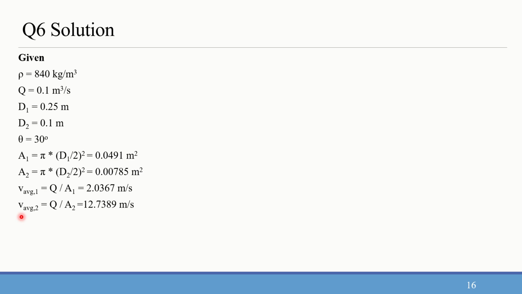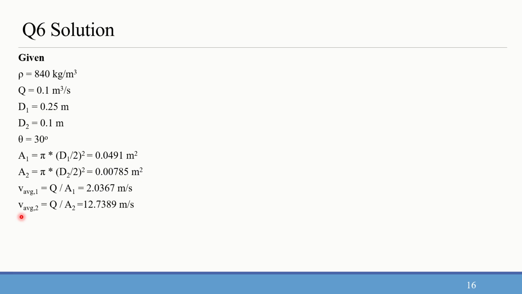I am using exactly what was given in the question. So we are calculating the V average at the inlet and at the outlet. These things we have done previously, so there is nothing extra we are doing till here.